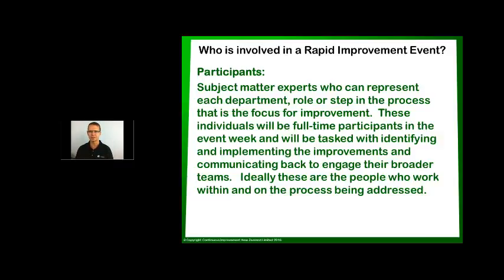So insist on people being there for the duration of the event, okay? Because they will understand the current process, they will help identify issues, and they will begin to identify improvements and implement them. And they're also the communication team to go back into the workplace, talk about the event and talk about the improvements.